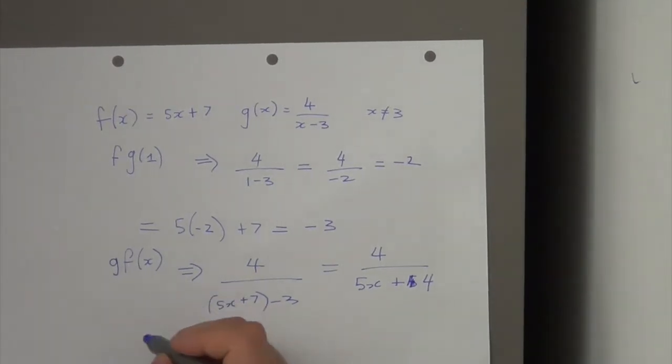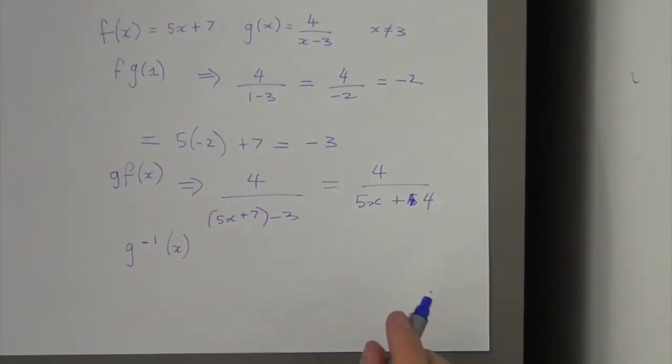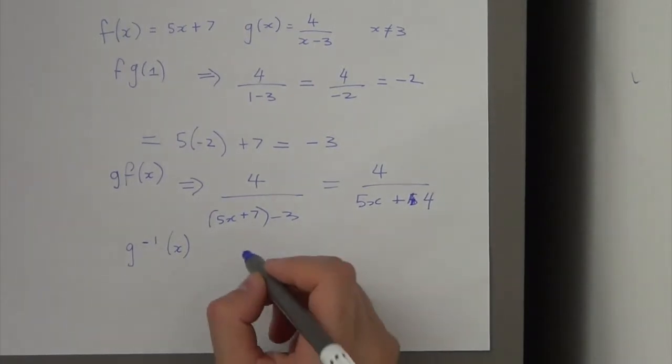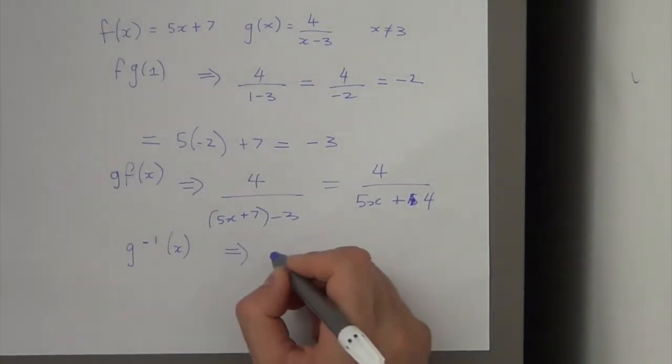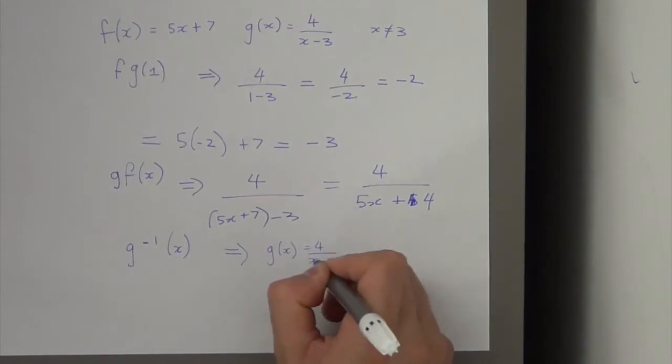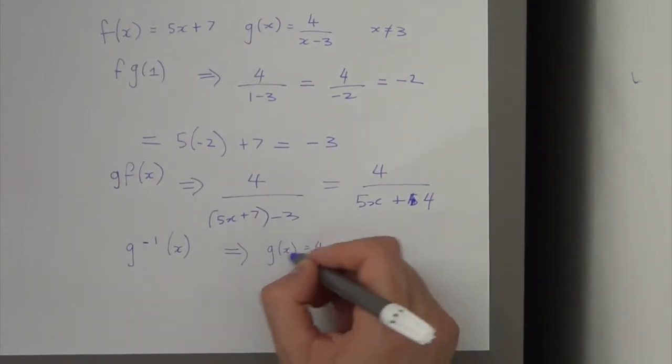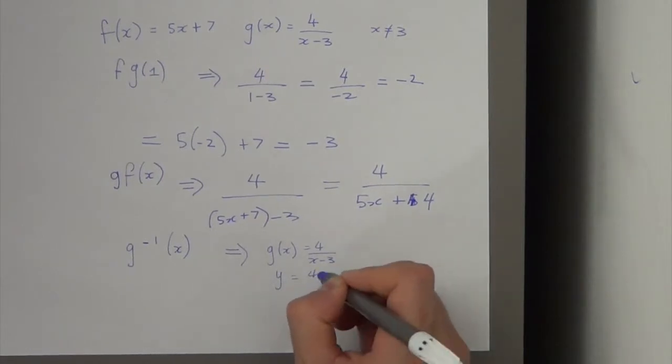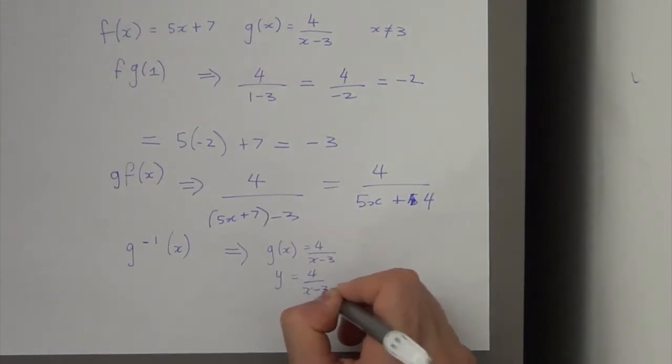What about g minus 1 of x? What about this one? To do this one, first of all, I'm going to rewrite g(x) equals 4 over x minus 3, as y equals 4 over x minus 3.